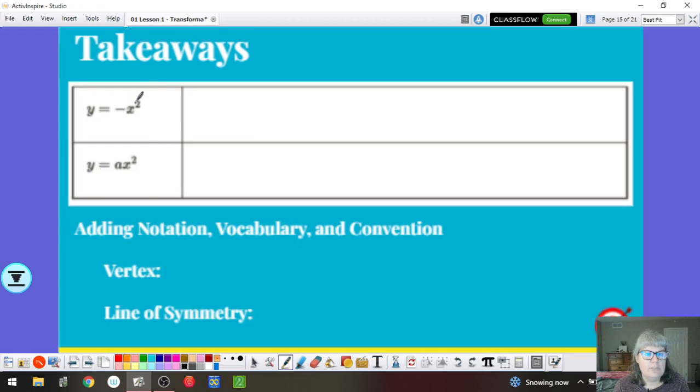We also looked at what happens when we have a negative in front of our x squared, and this causes the graph to reflect across the x-axis or over the x-axis.